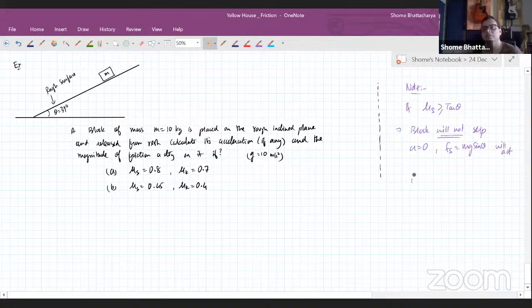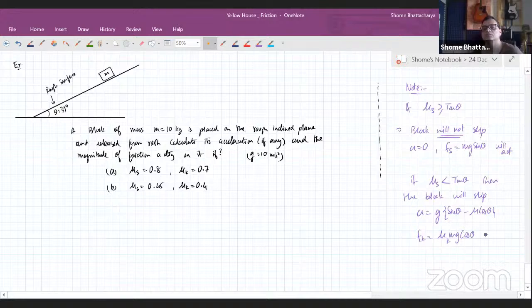Whereas on the other hand, if coefficient of static friction is less than tan theta, then the block will slip. And we know its acceleration will have a magnitude of, because a kinetic friction of this much acts on it.